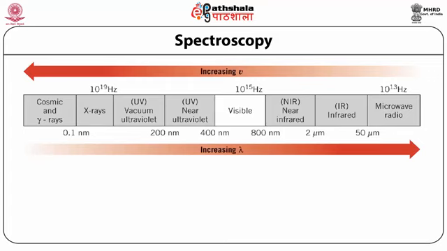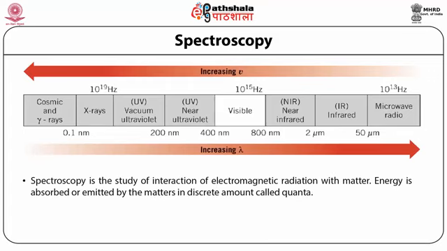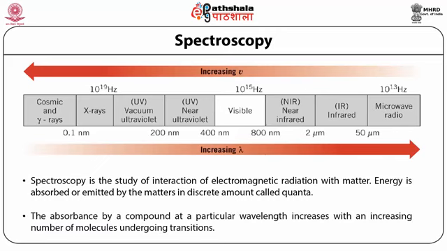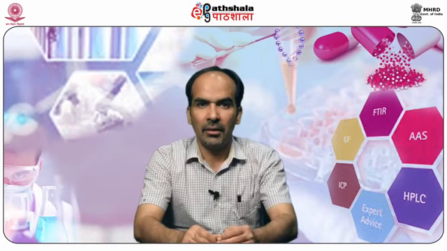When we use different parts of this electromagnetic spectrum to study matter or substances, we call it spectroscopy or spectrophotometry. The absorbance of a compound at a particular wavelength increases with the increasing number of molecules undergoing transitions. There can be transitions which take place in the visible, ultraviolet or IR region.